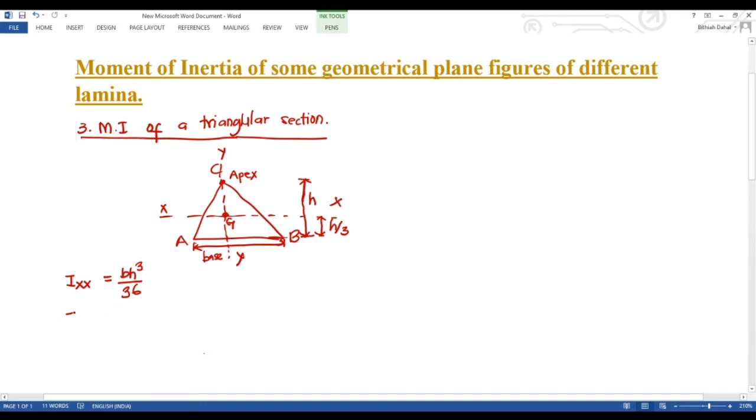Now similarly, if I want to find the moment of inertia about base AB, I write I base, moment of inertia about AB, which will be equal to B h cubed by 12.